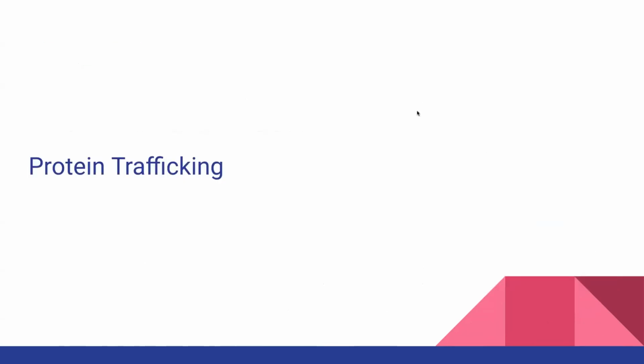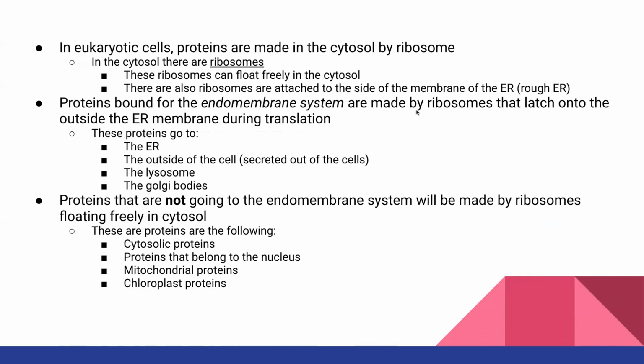Next is protein trafficking. In eukaryotic cells, proteins are made in the cytosol by ribosomes. These ribosomes can float freely in the cytosol, or they're attached to the membrane of the ER.